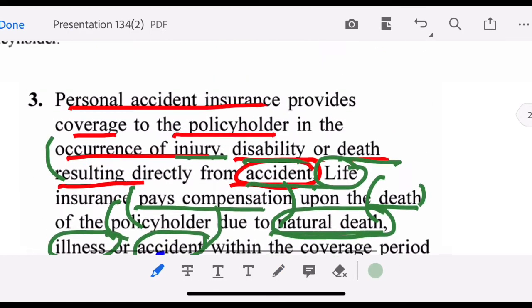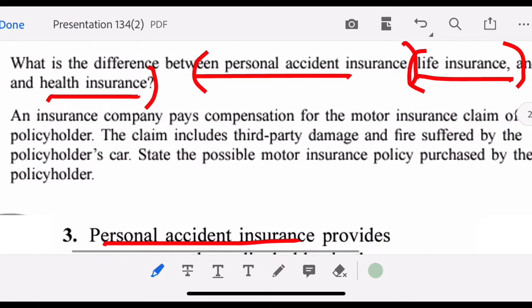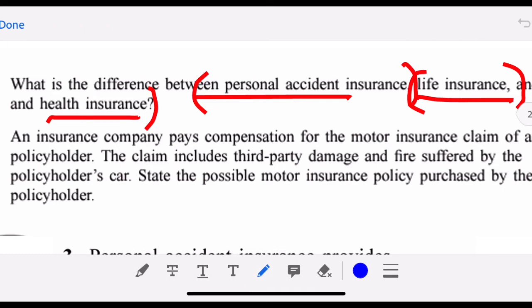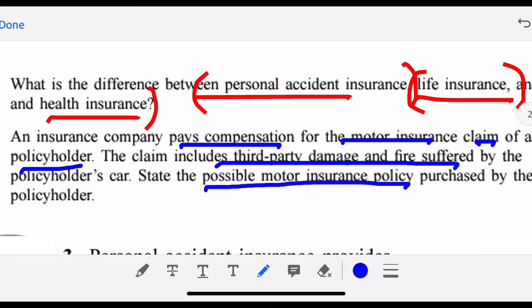So then another question, let's see question number 4. An insurance company pays compensation for the motor insurance claim of a policyholder. The claim includes third-party damage and fire suffered by the policyholder's car. State the possible motor insurance policy purchased by the policyholder, third-party damage and fire.